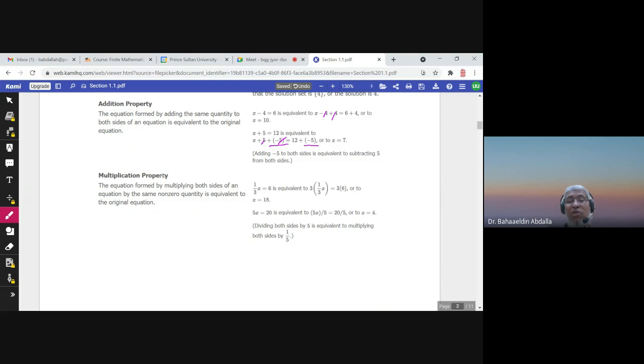Sometimes we need to multiply or divide. We can multiply both sides by any number, the same number, and divide by the same number. But it has to be a non-zero number. We cannot divide or multiply both sides by zero because this will destroy everything.